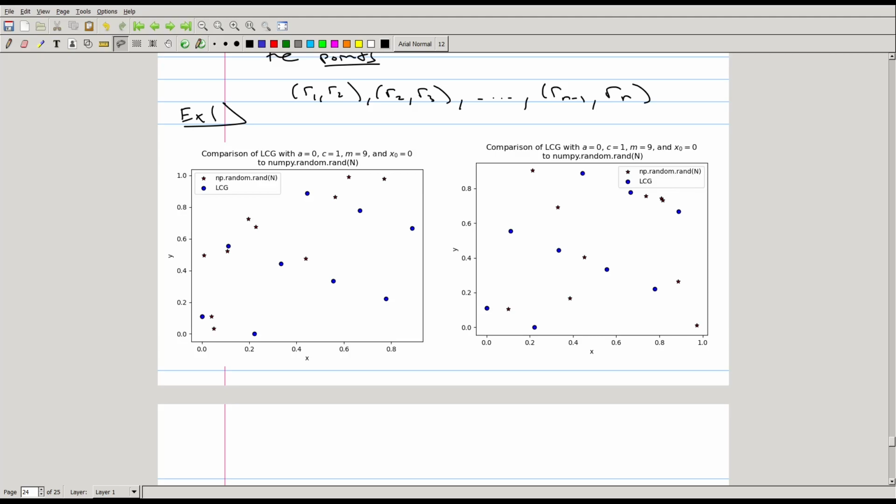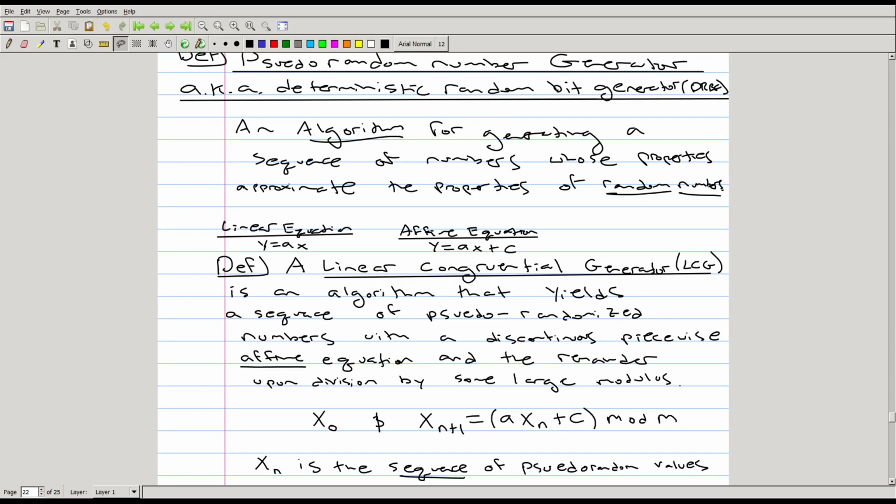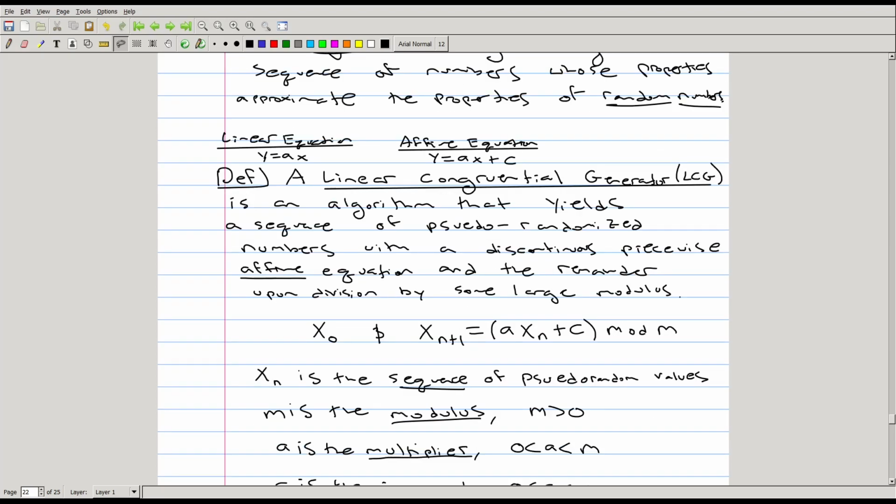It's not surprising that we're getting lines here because of the affine function definition of the LCG. We're getting basically a bunch of different lines that correspond to essentially a bunch of points modulo m that all obey this y equals ax plus c, or y equals ax in the case of a linear LCG.